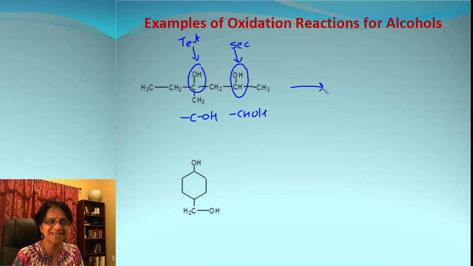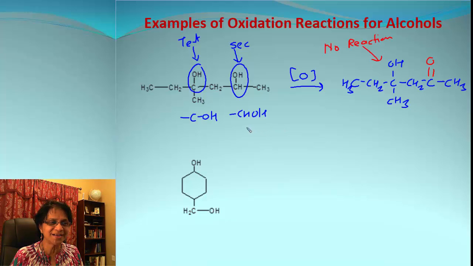So when we oxidize this, I'm sure you remember the tertiary alcohol does not give any reaction. That means it's going to remain the same and secondary turns into the ketone. So that's our final product. The secondary alcohol gave us ketone here and tertiary alcohol did not show any reaction.